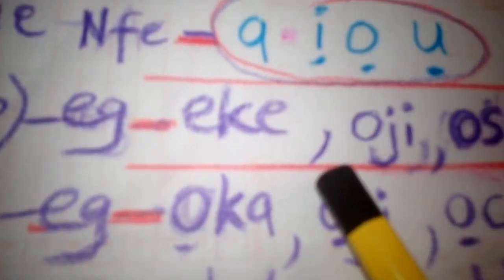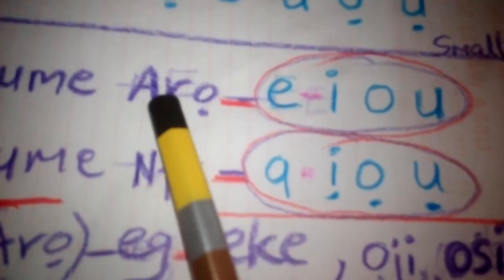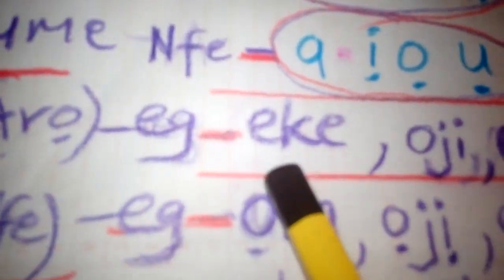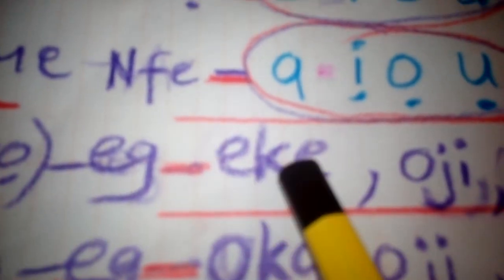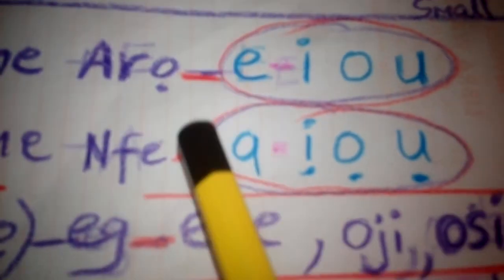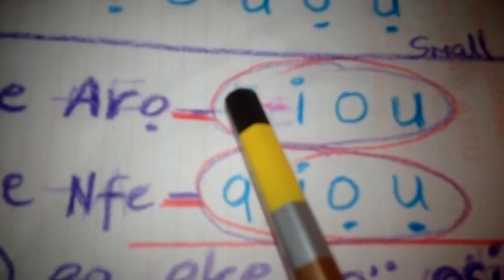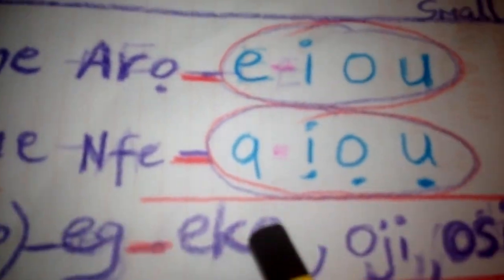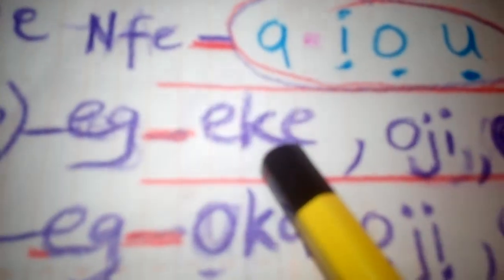So an example of Udaume arrow, the heavy vowel. Remember, this is the group. Eke, you see the spelling, all belongs to this group. A belongs to this group. K is just a consonant.